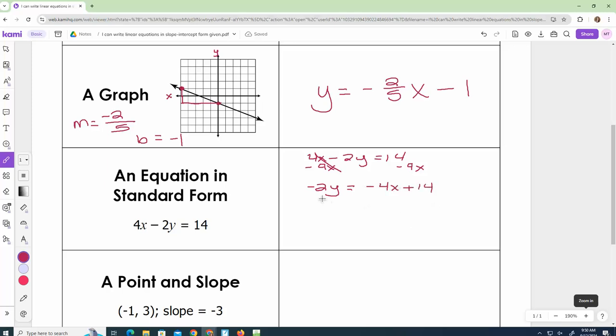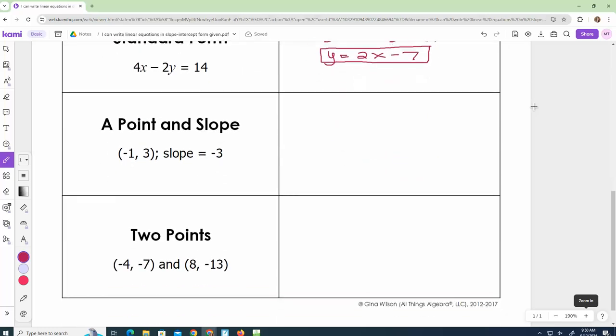Then what would we do to get y by itself? Divide by our -2. So we get a positive 2x minus 7. So those were all from before, what we were doing on our last quiz.